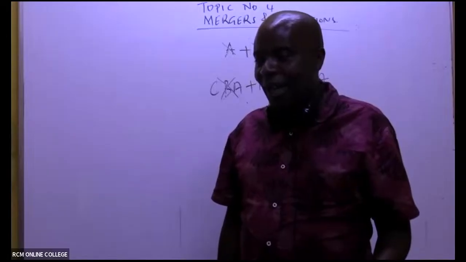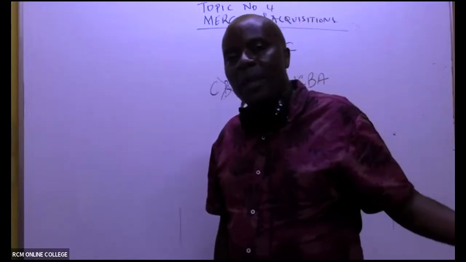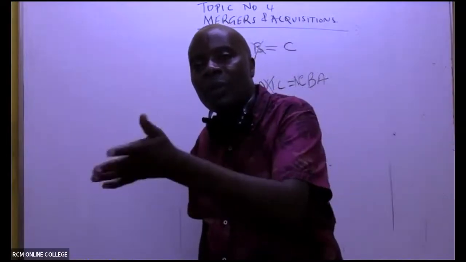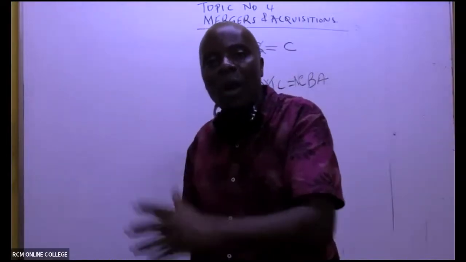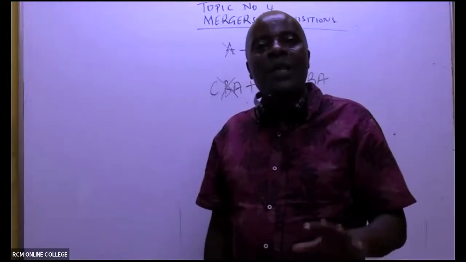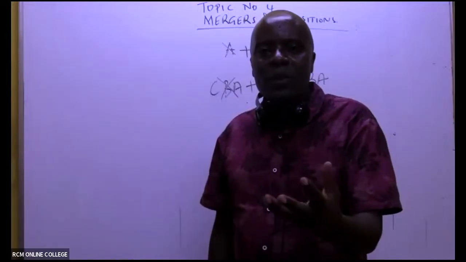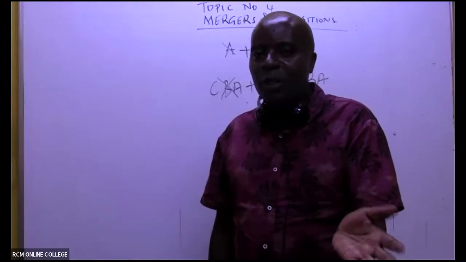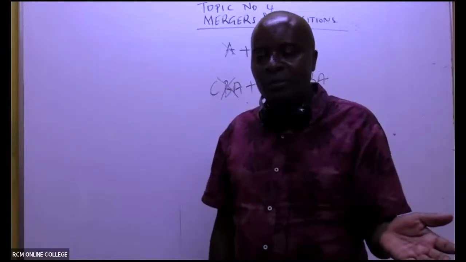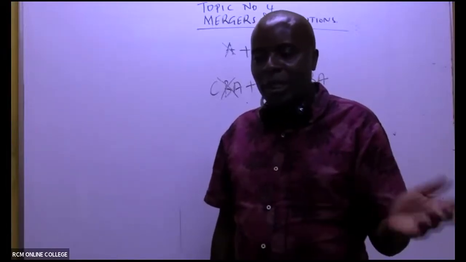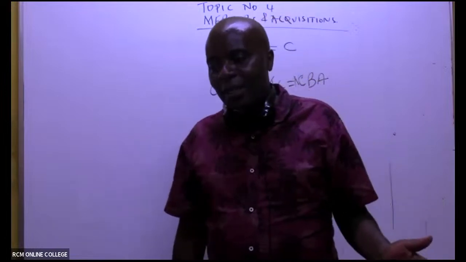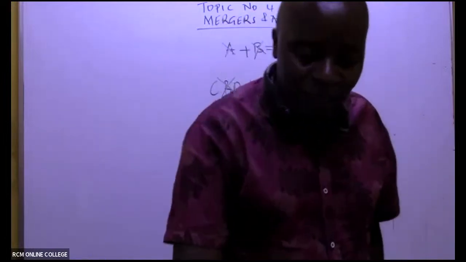Rubis acquired all those great Kenol Kobil petrol stations we were seeing around here. It acquired them, and the ones which are left must be very few, or they were even acquired, all of them. The brand was acquired totally. All right, great. You guys are understanding this pretty fast.